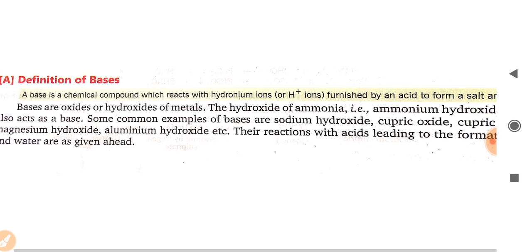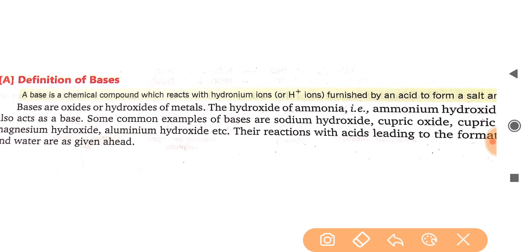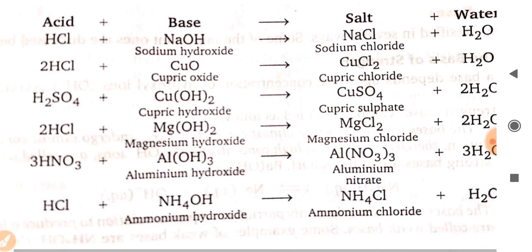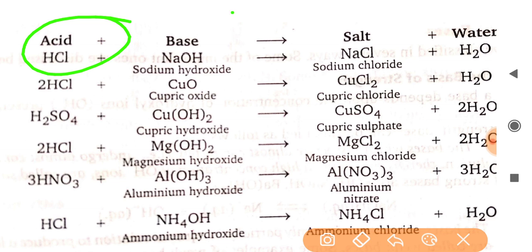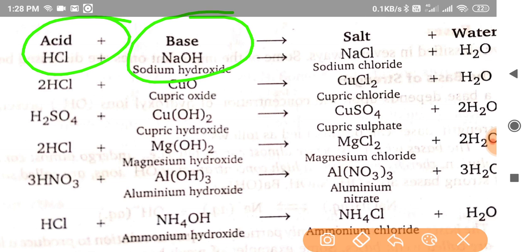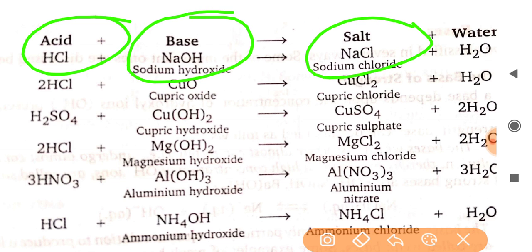So when we dissolve it in a solution it gives hydroxide ions. This can also be a definition. Some examples are given here, and the reaction will be given here only. When HCl and NaOH are combined they form a salt and water, NaCl and water.